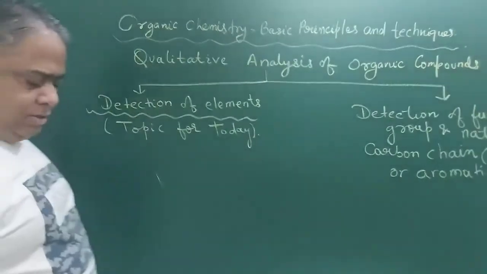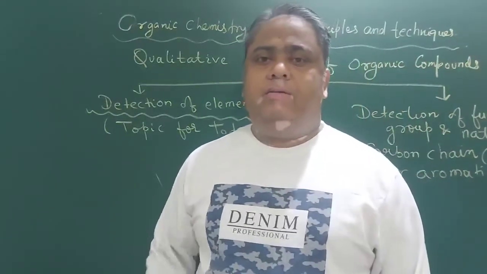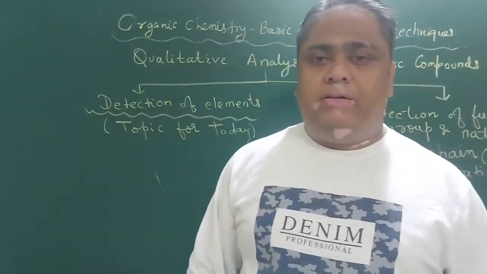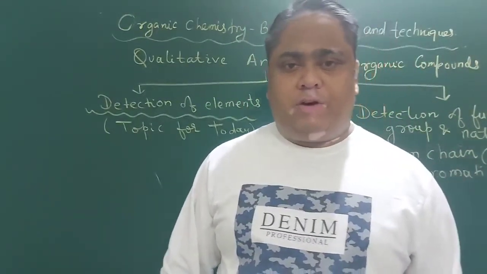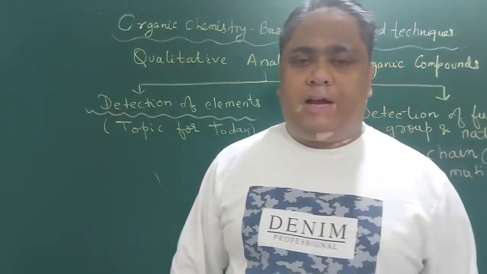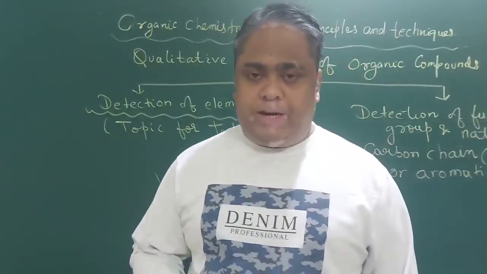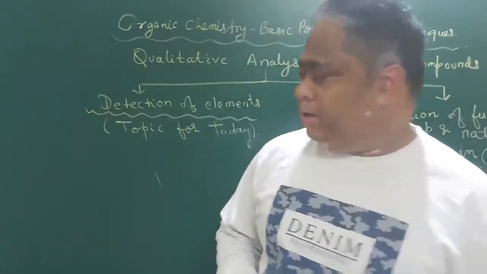Now what happens? All the elements like sulfur, chlorine, bromine, iodine, phosphorus in the form of phosphate, are strongly bonded with carbon with covalent bonds. As a result, separating them into solution is difficult.